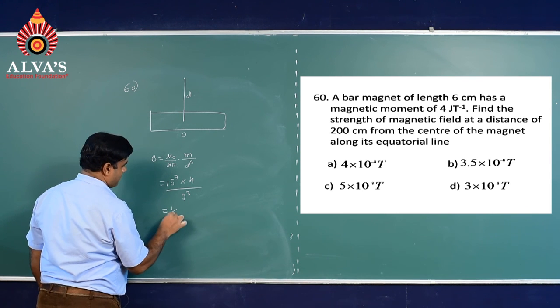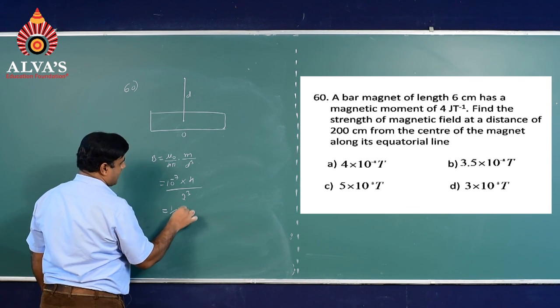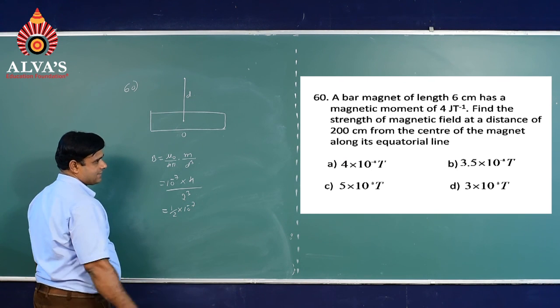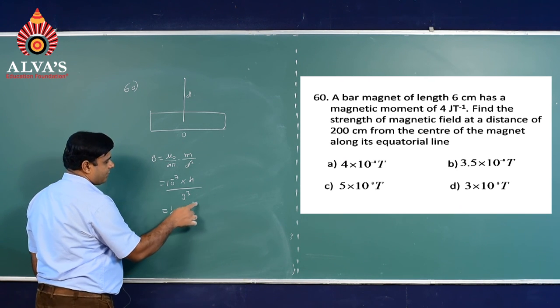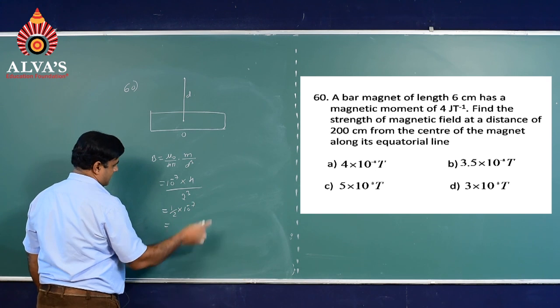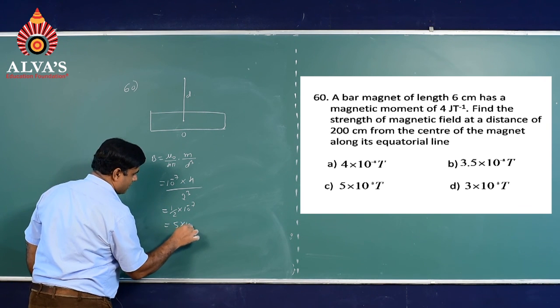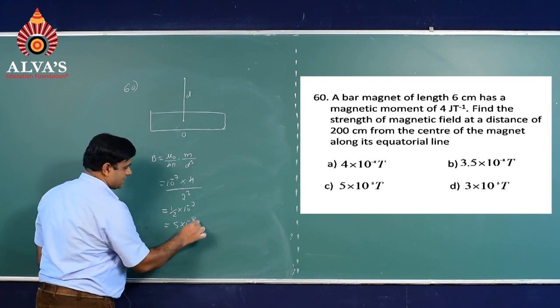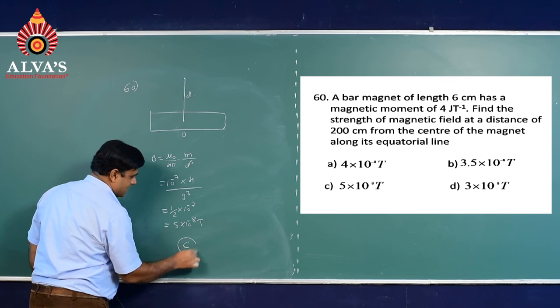So, 1 by 2 into 10 to the power minus 7, which is 0.5 into 10 to the power minus 7, or 5 into 10 to the power minus 8 Tesla. So, the answer is C.